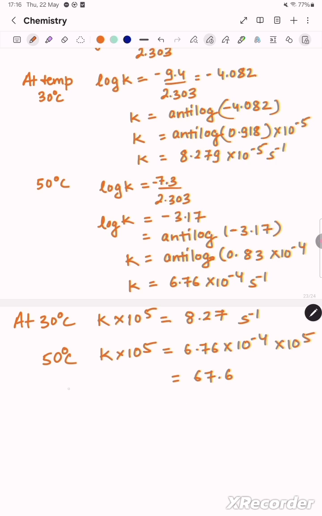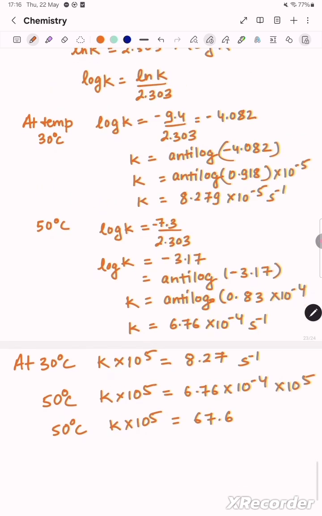So the second rate constant is 67.6 at 50 degrees Celsius. So this is how you will calculate it.